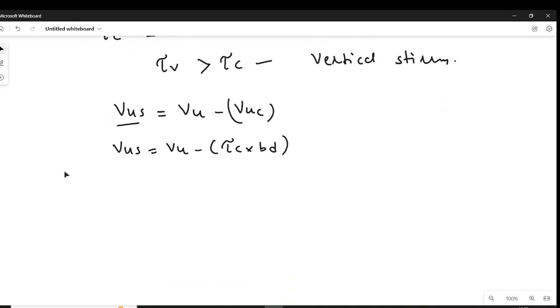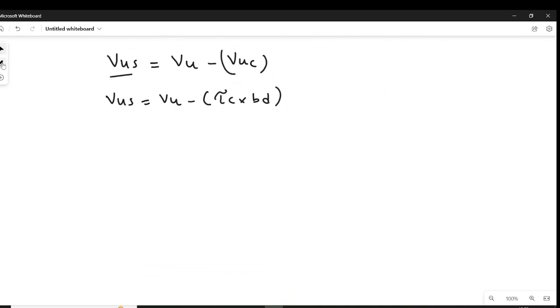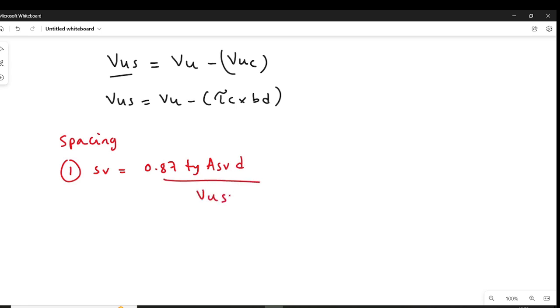Now after this we simply have to provide the spacing. Shear reinforcement is required here. So how to calculate spacing? We have four different formulas in this particular case. Formula number one: spacing Sv equals 0.87 fy Asv into d divided by Vus.